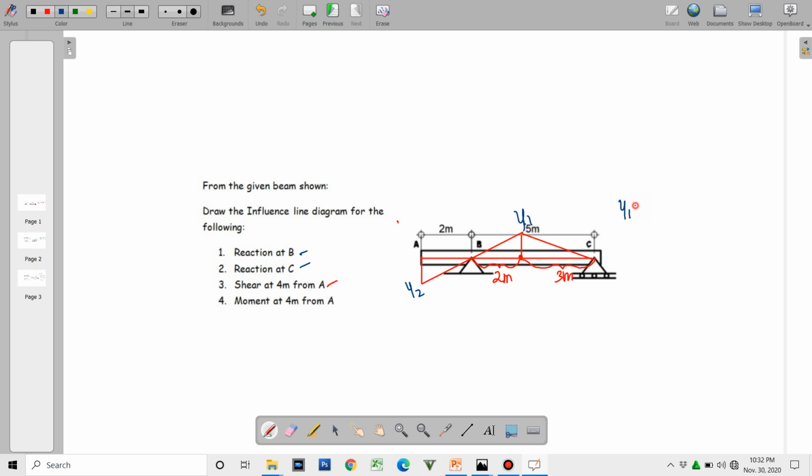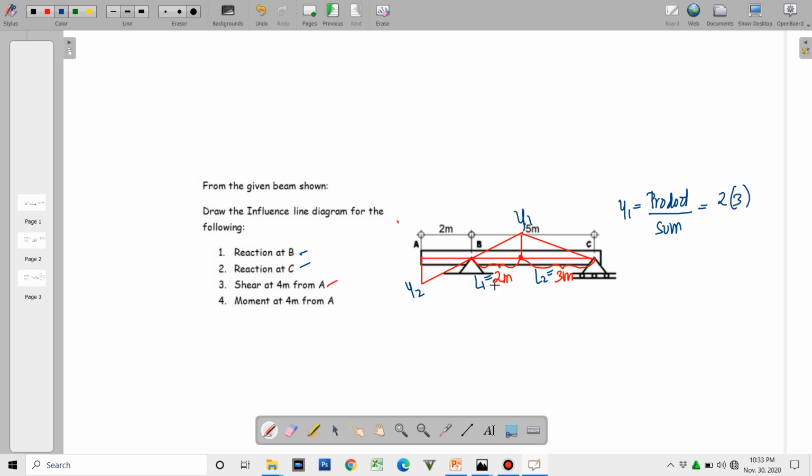So y1 will be equal to the product all over the sum. So the product is 2 times 3. Actually, that is the product of L1 and L2.